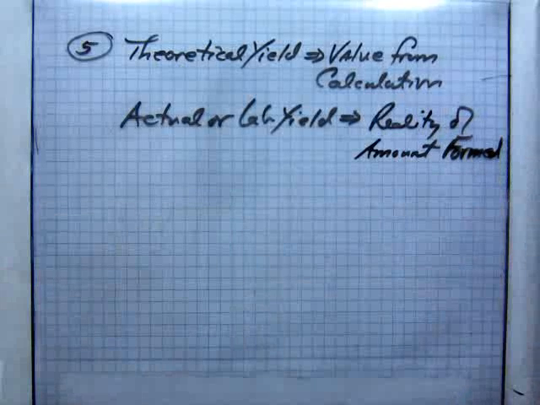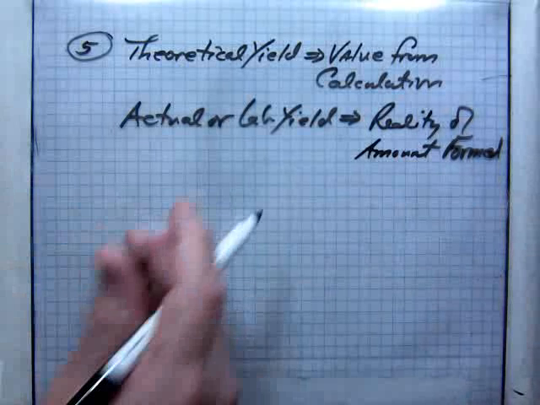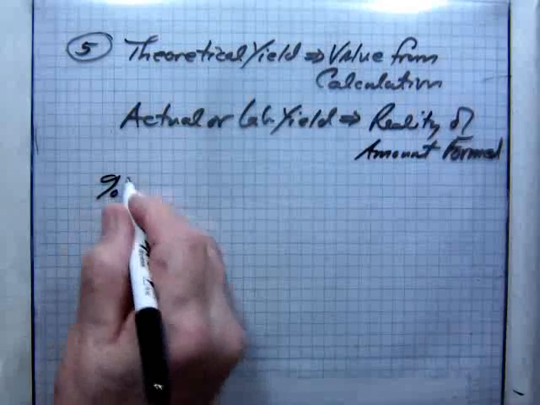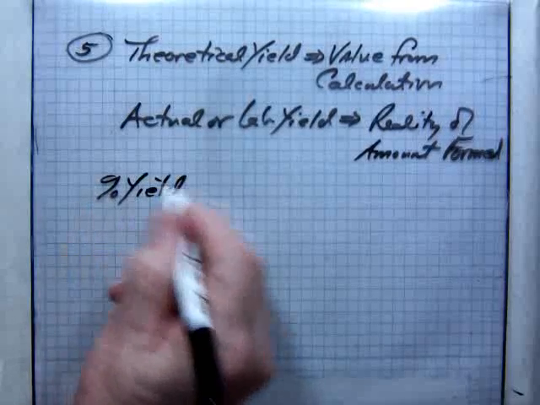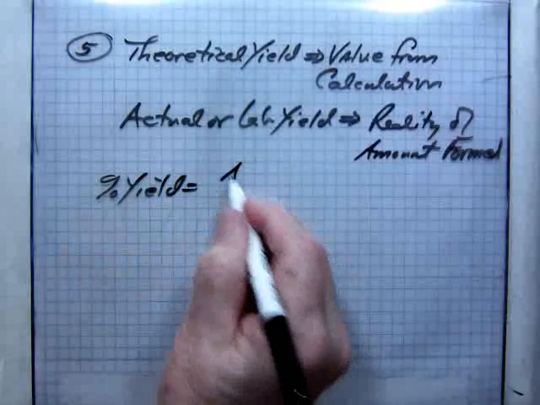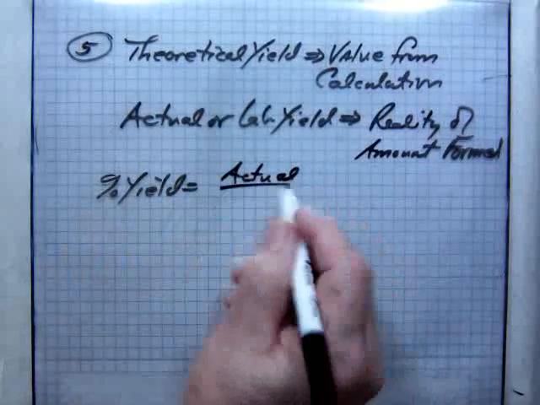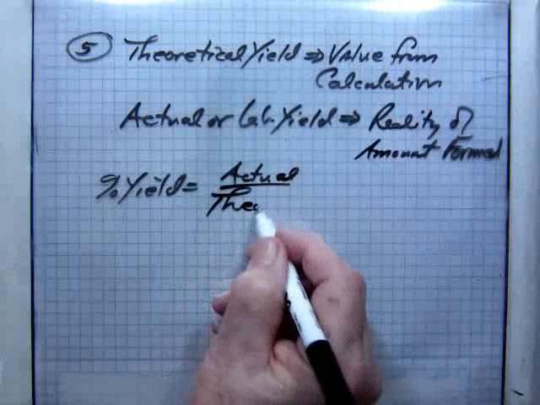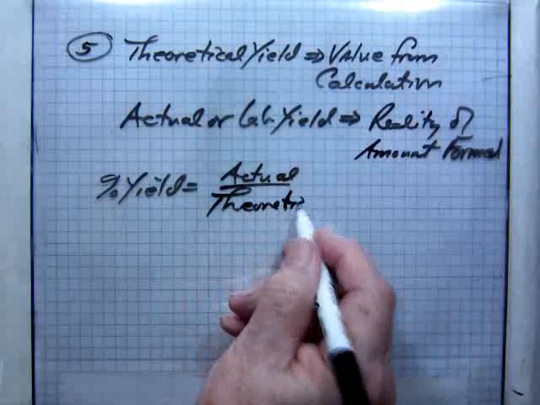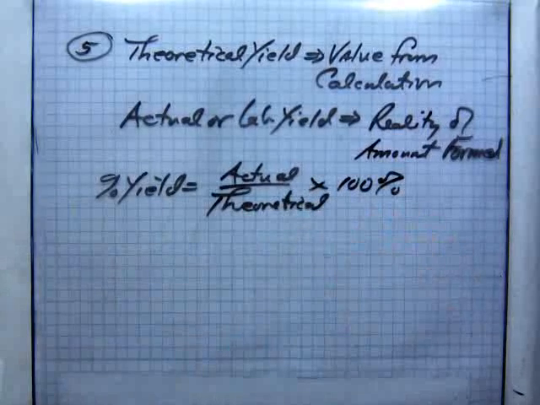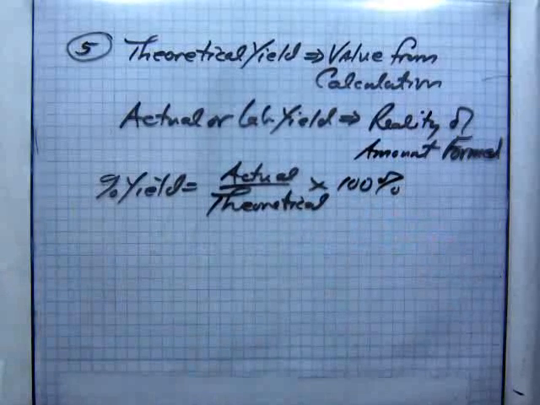That's the real amount formed. If you want to calculate a percent yield, it is given by the actual yield over theoretical yield times 100%. Okay, so let's see how this works out.